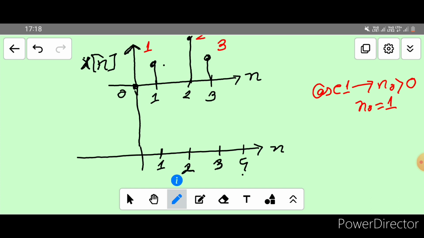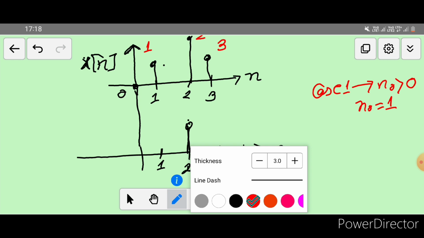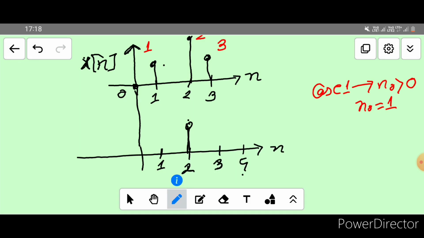So at n equal to 2, we will get 1. At n equal to 3, we will get the value of x of 2.